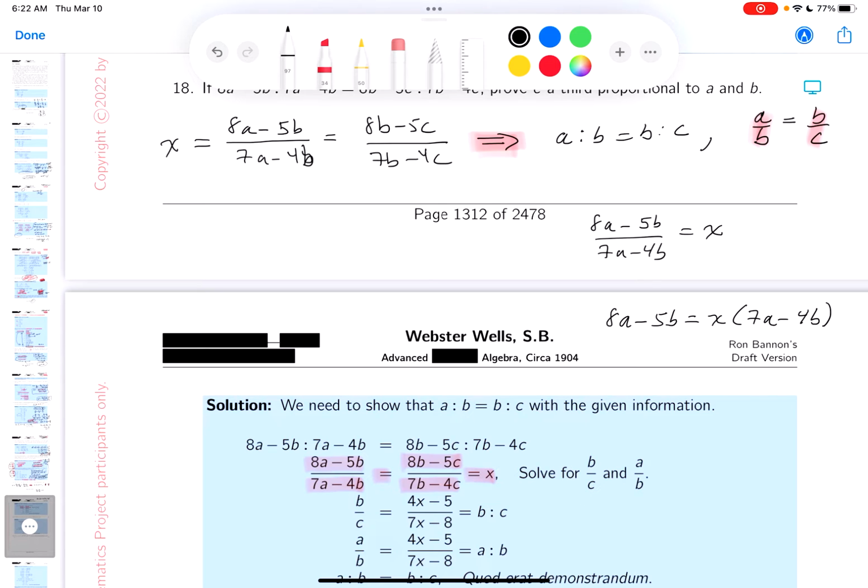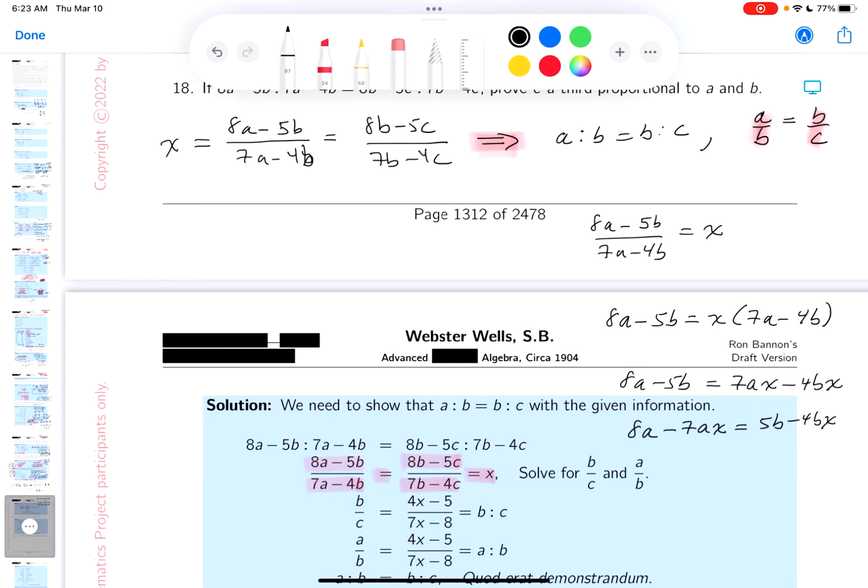You're going to get 8a minus 5b equals 7ax minus 4bx. Well, I want to get a's and b's on different sides now. Let's see if we can do that. And I'm going to get 8a minus 7ax equals 5b minus 4bx.